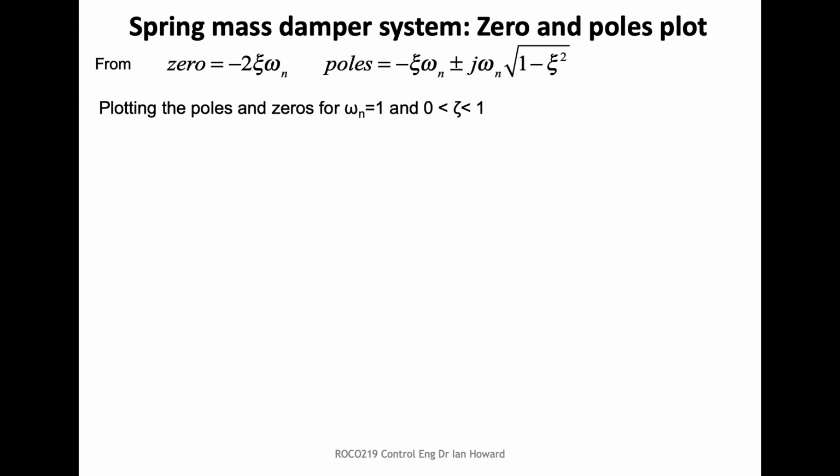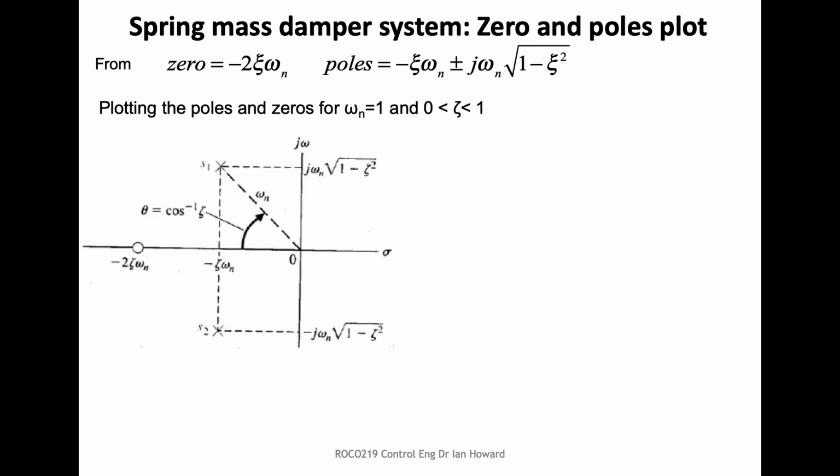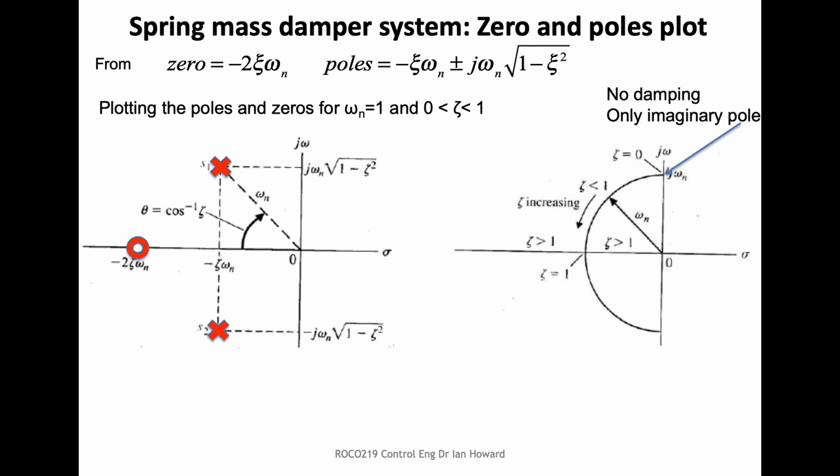In this particular case, we're going to plot them onto an Argand diagram, and we can see that we've got one zero along the real axis here, and we've got the two complex conjugate poles as well on this diagram here.